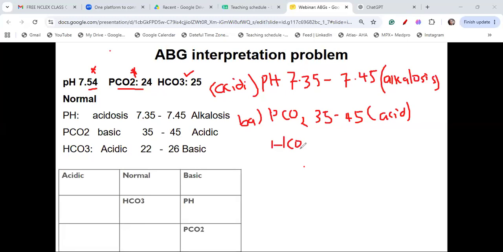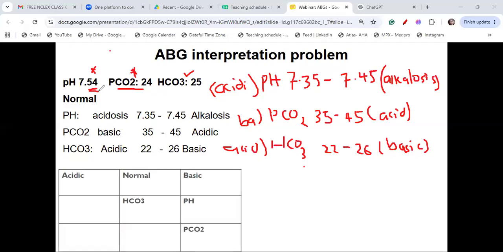If the bicarbonates are the one that matches, then the issue is metabolic. So you have 22 to 26. Anything less than that is acidic, anything more than that is basic. Wherever matches your pH is the problem. So let's start with checking where our pH lies.